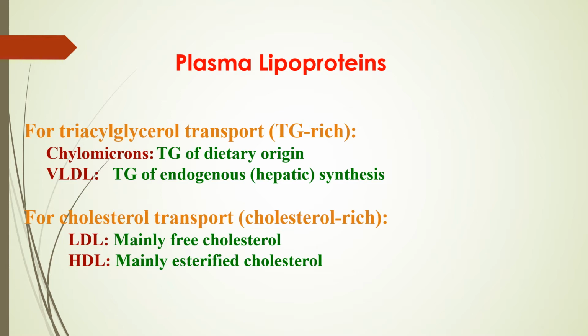Low dense lipoproteins transport free cholesterol and this is the most dangerous type of lipoproteins. Second is the high dense lipoproteins, which transport esterified cholesterol, and this is known as the good cholesterol.